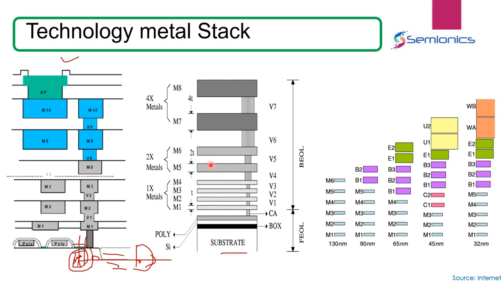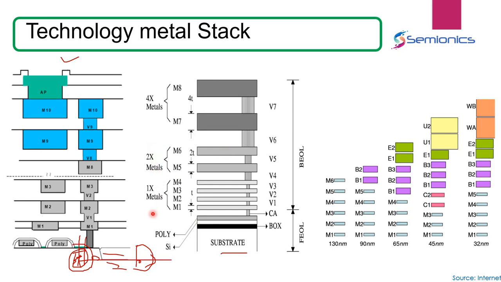Now, if you go a little above, 5 and 6 are double the thickness, 2t, and obviously slightly double the width also. That's why it says 1t, 2t, 3t, 2t and 4t over here, and it says 2x metals.